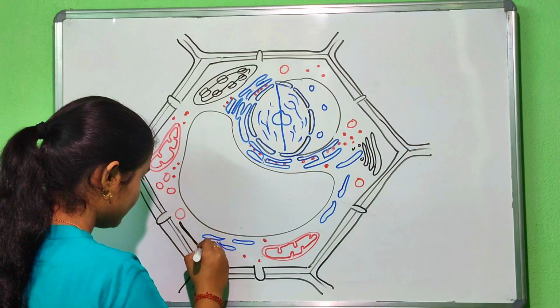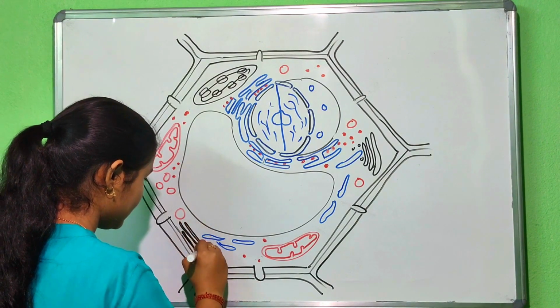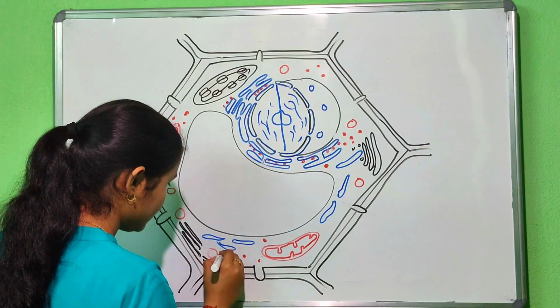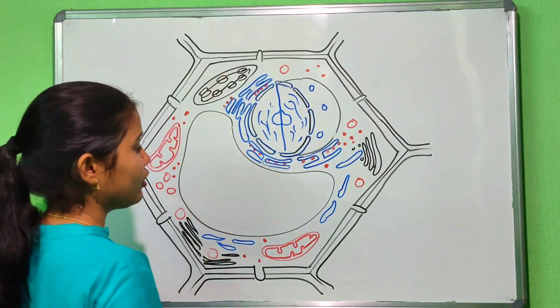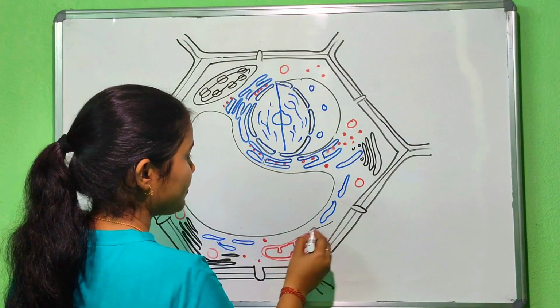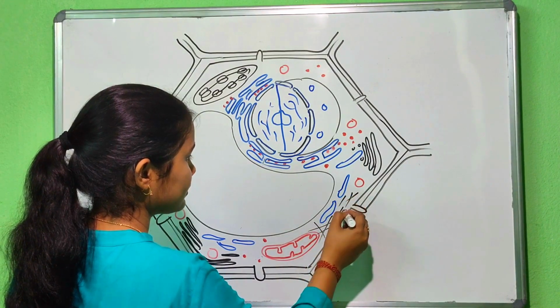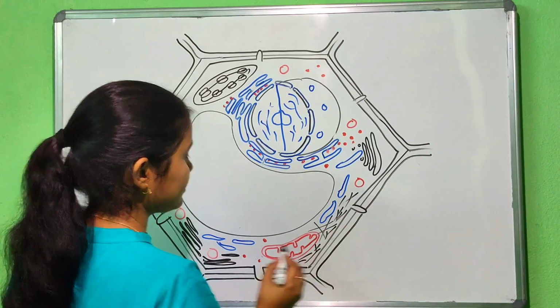These are the microtubules, tube-like structures. Then the microfilaments. We will draw some filaments like this. Clear? These are the microfilaments.